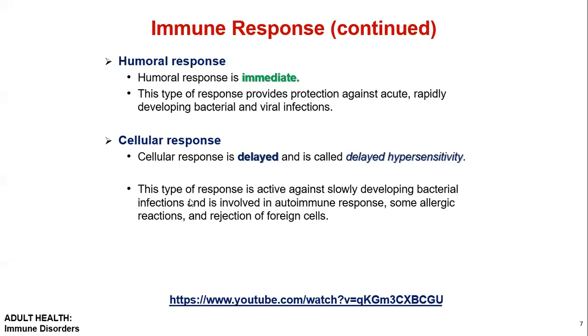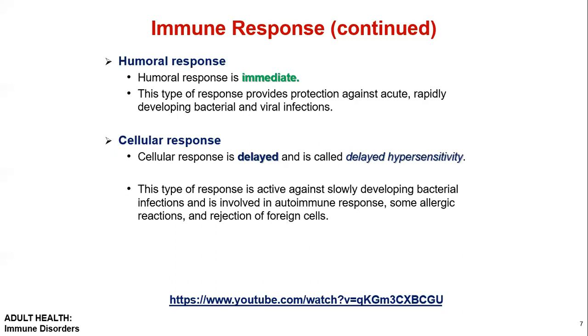Let me read it. This type of response is active against slowly developing bacterial infection and is involved in autoimmune response, some allergic reactions, or rejection of the foreign cell.